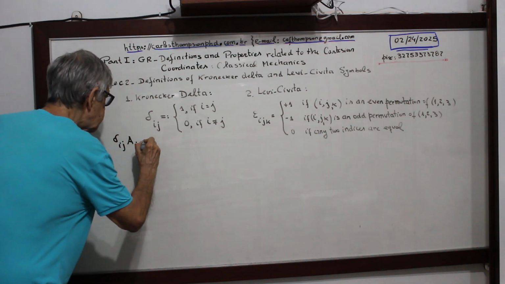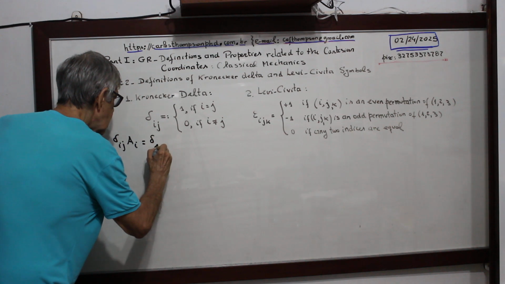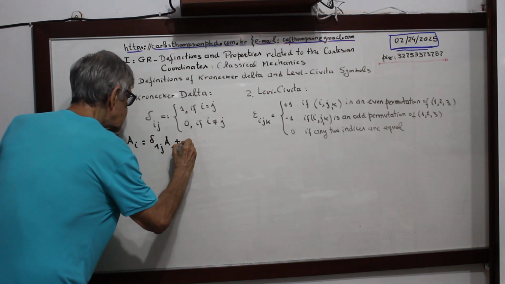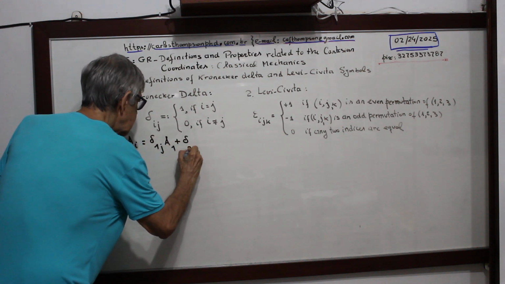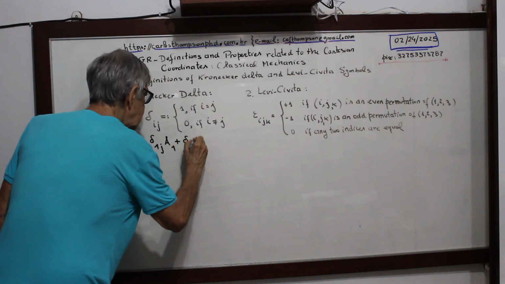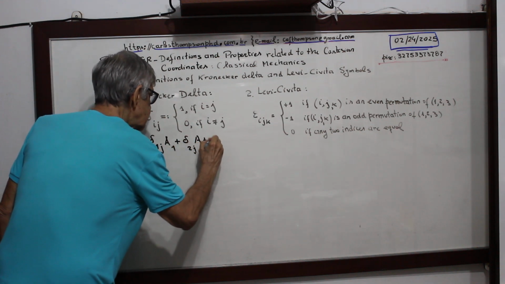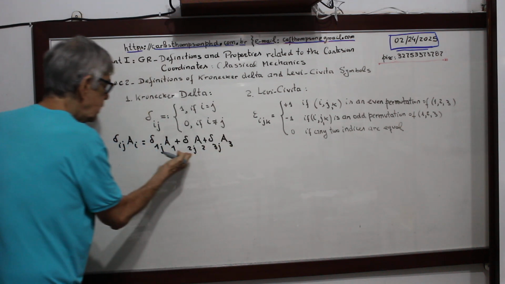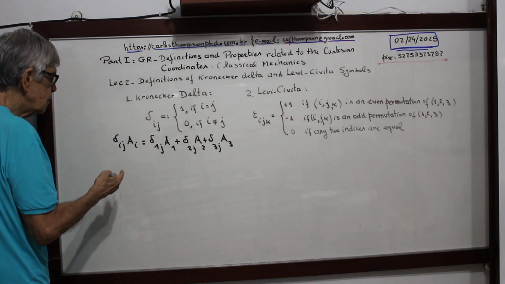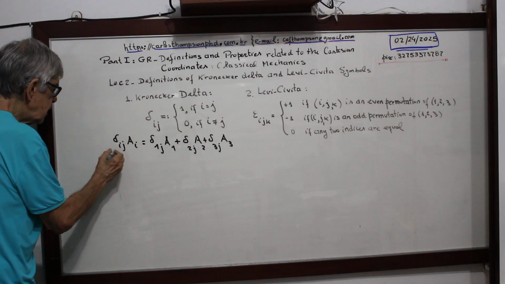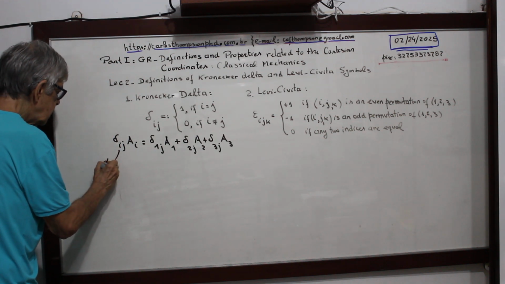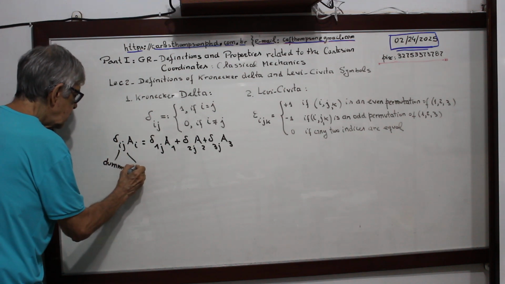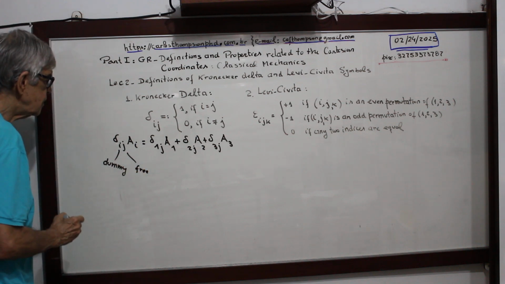So, I can expand this: delta 1j a1 plus delta 2j a2 plus delta 3j a3. Easy. You see? i is dummy and j is free. See?